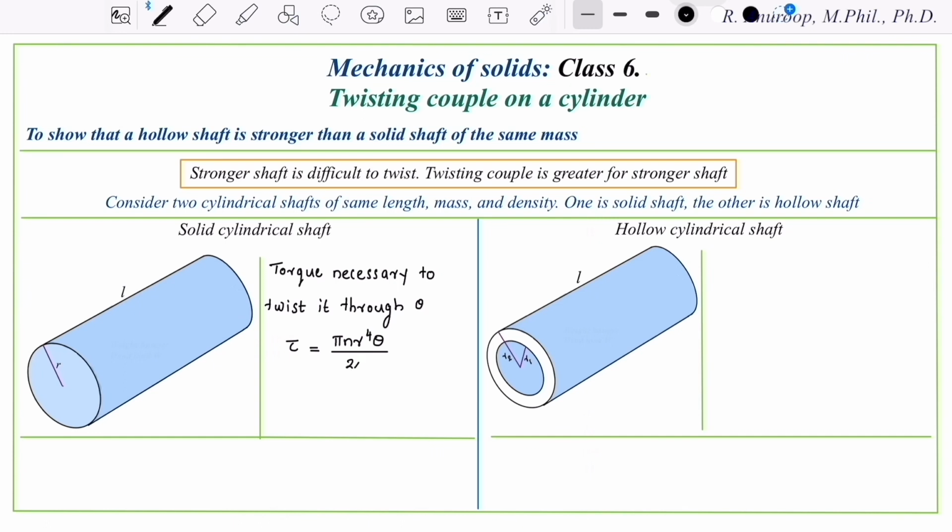Now what is the torque necessary to twist a hollow cylindrical shaft by theta? Let this torque be tau dash. It is the twisting couple for the hollow cylindrical shaft, and that is equal to pi n r2 raised to 4 minus r1 raised to 4 divided by 2l.